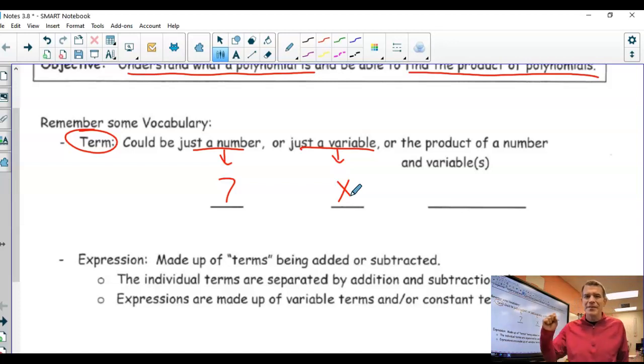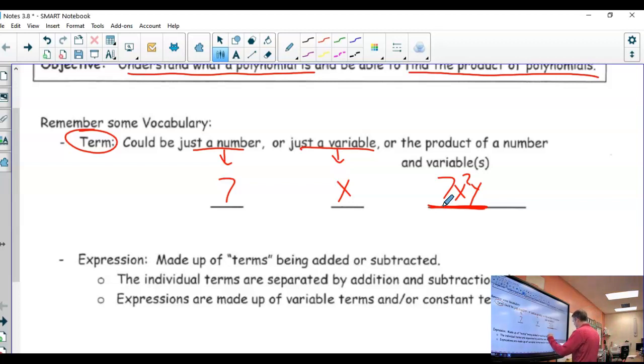Or it could be the product of numbers and variables, like maybe we have 7x squared y, right? These are all considered terms. Even this thing over here, which is a bunch of stuff multiplied together, is just a single term, right?